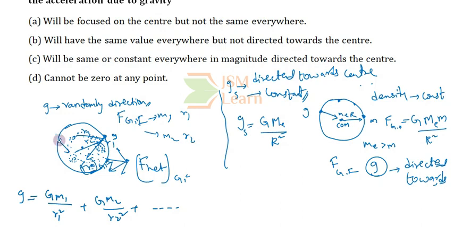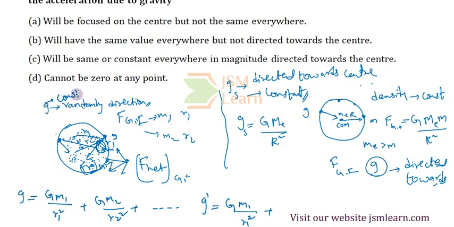Suppose I consider another point for this distribution, where mass m1 is situated at some distance r1', then the g obtained will be Gm1/r1'². So there will be a change in the values of g. The magnitude of g is also not constant.